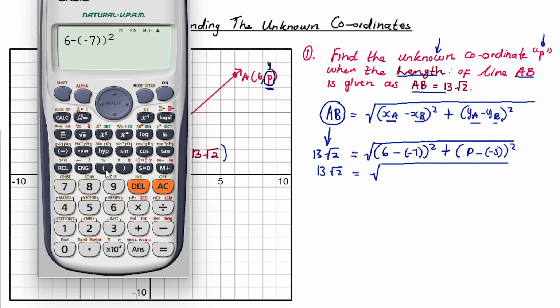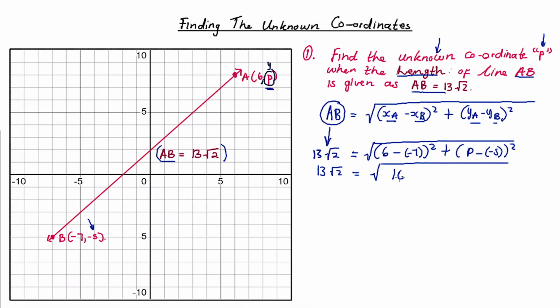I'm getting 169 plus, let's solve what's inside the big bracket. So it's going to be p plus 5 squared. Let's not foil it. After simplifying this, I am going to square both sides of the equation.